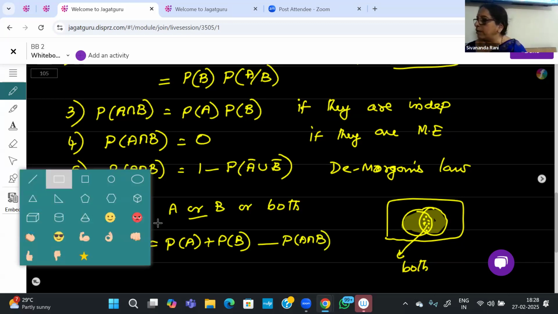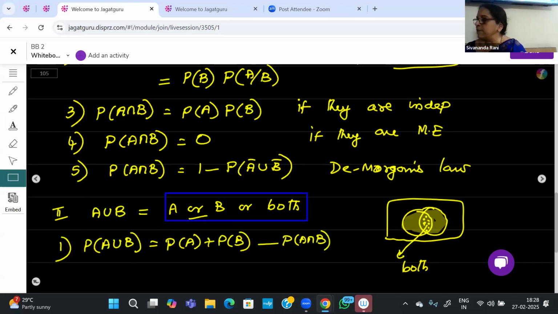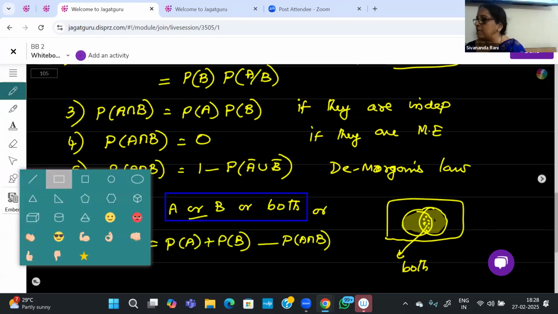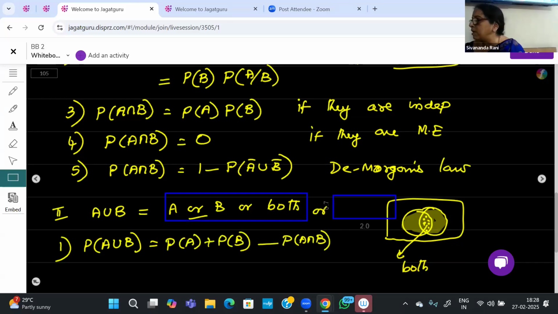Of course, this depicts this, but there is one more important terminology associated with union. Does anyone recall?